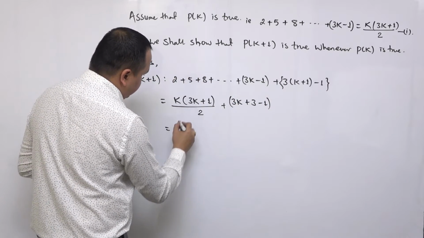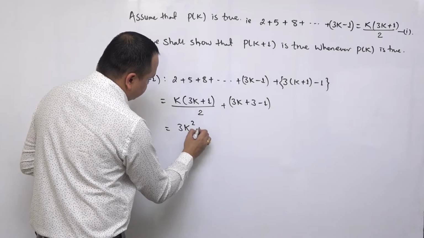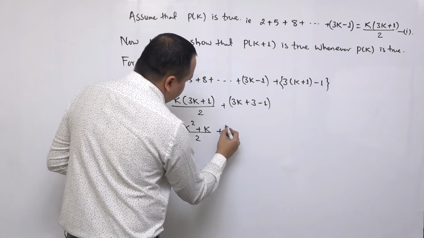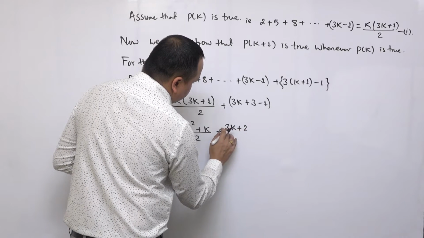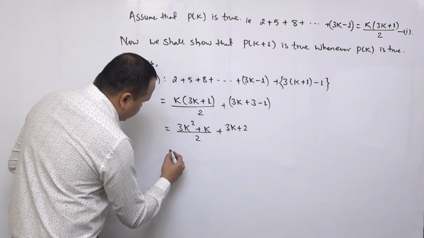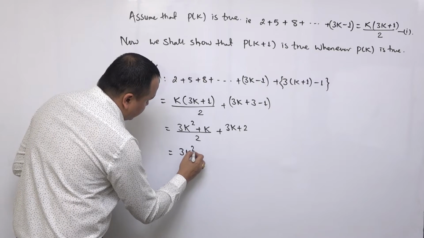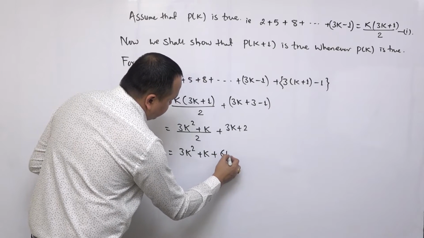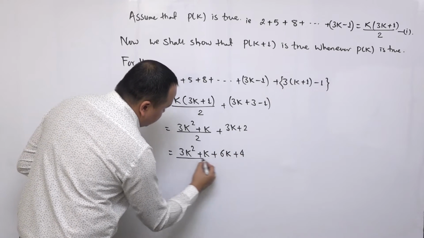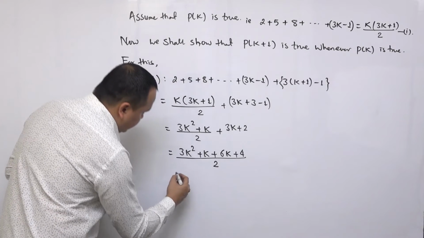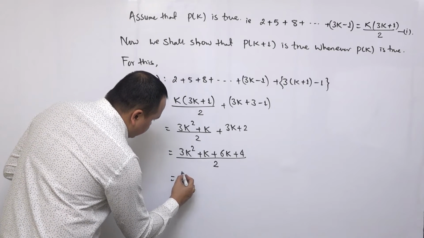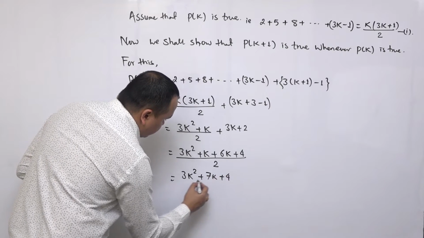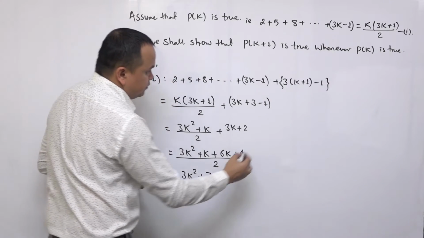This is 3k square plus k divided by 2 plus 3k plus 2. Taking LCM, 3k square plus k plus 6k plus 4 divided by 2, and this is 3k square plus 7k plus 4 divided by 2.